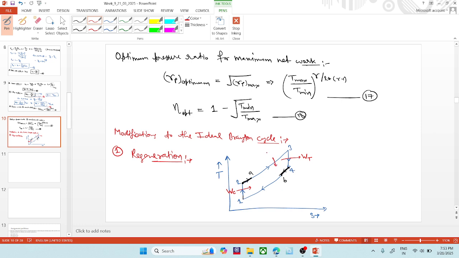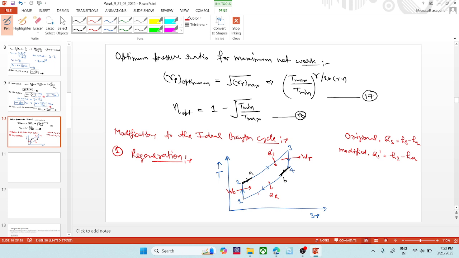The QS and QR will get changed. The original QS was H3 minus H2, and the modified QS would be H3 minus HA.